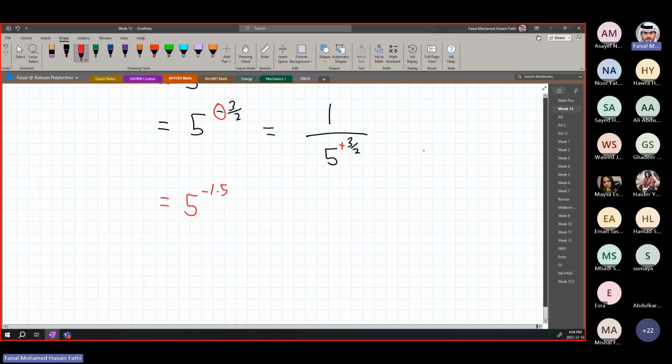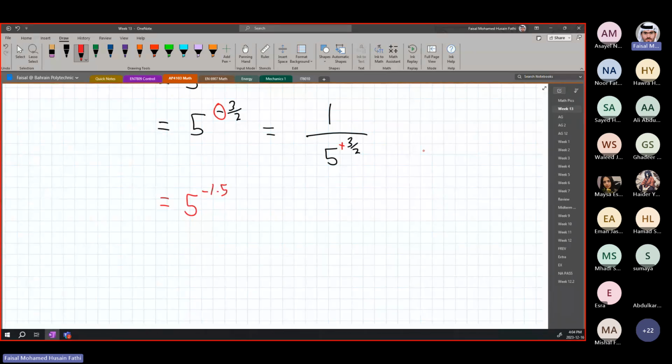But keep in mind it's a multiple choice exam. So it's fine if they write it as 3 over 2, or if they write it as minus 1.5. They can write it in any way. Okay, which is equal to 1 over 5 to the power of minus 1.5. Sorry, plus 1.5. It's the same thing, because 3 over 2 is 1.5. It's correct.